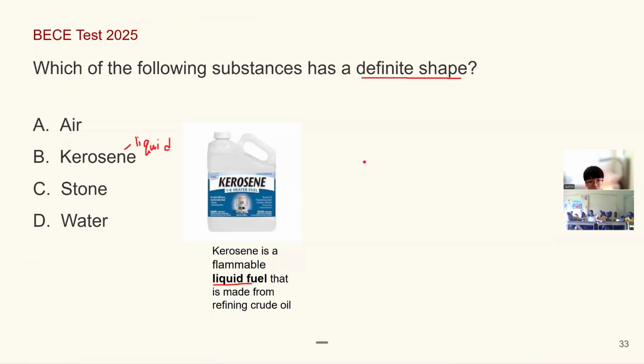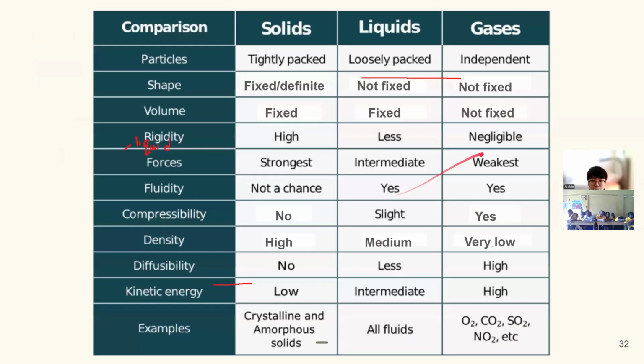What has a definite shape? Definite here is just fixed. So does air have a fixed shape? Let's see if air has a fixed shape.